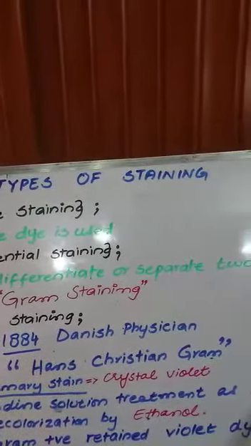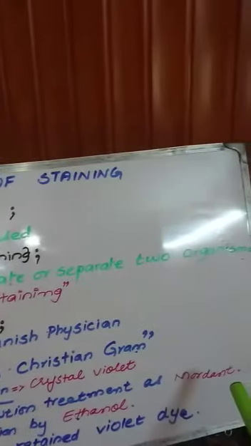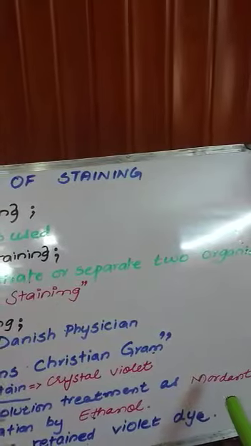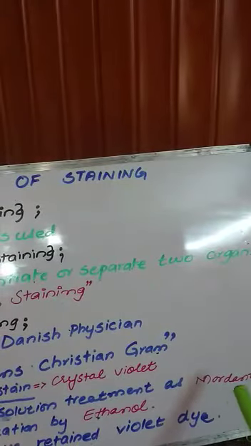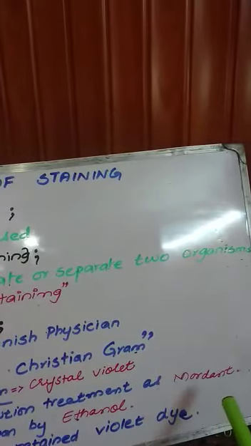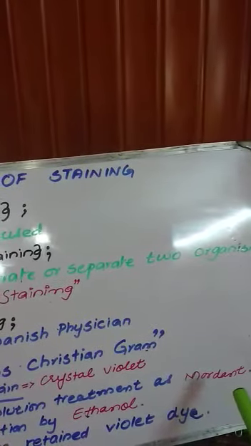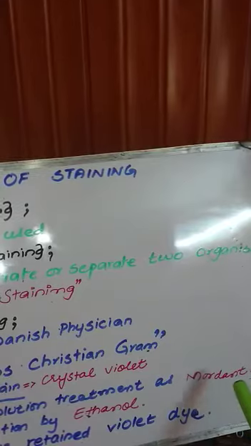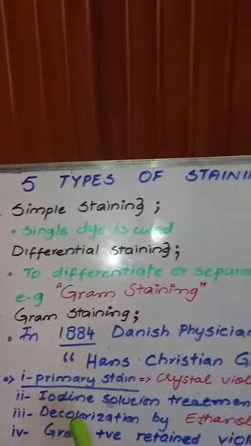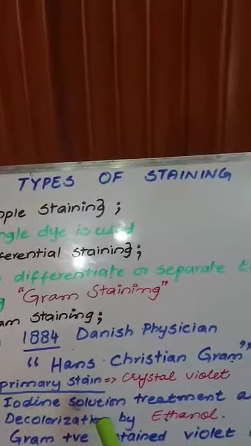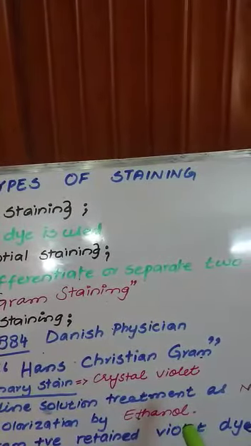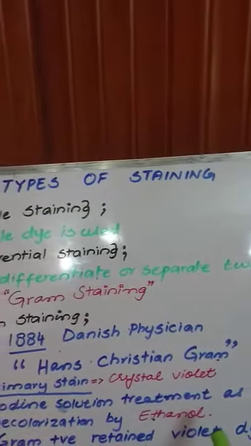Mordant here means that it will enhance the coloring of the dye, so that the dye will be easily taken up by the bacteria. Third is the decolorization step, normally done with ethanol. Acetone can also be used to decolorize.